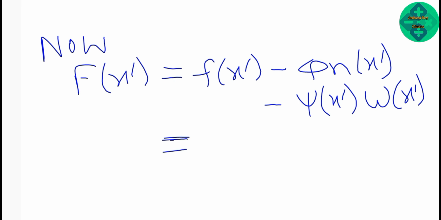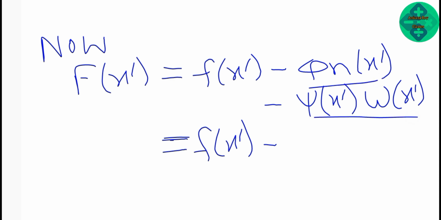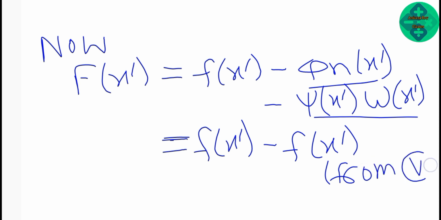Therefore, f of x dash minus phi n x dash minus psi x dash into omega x dash is equal to 0. That is, capital F of x dash is equal to 0.